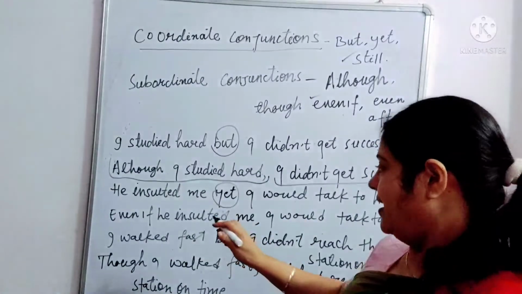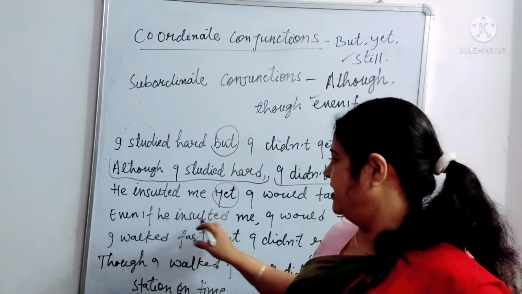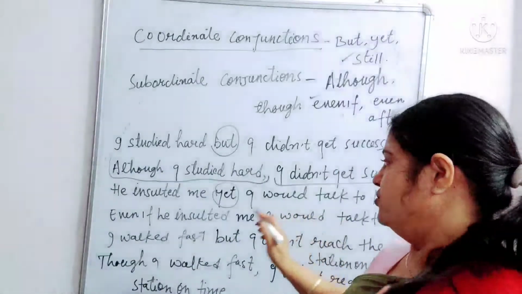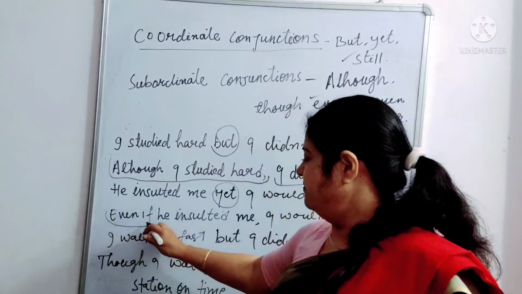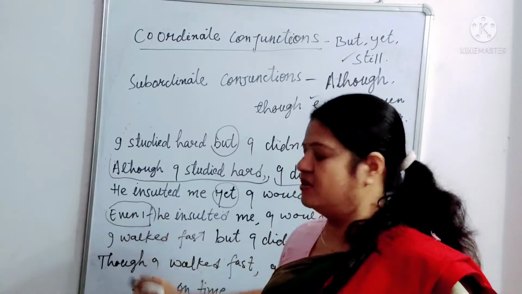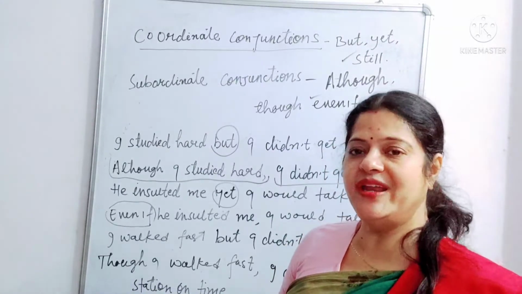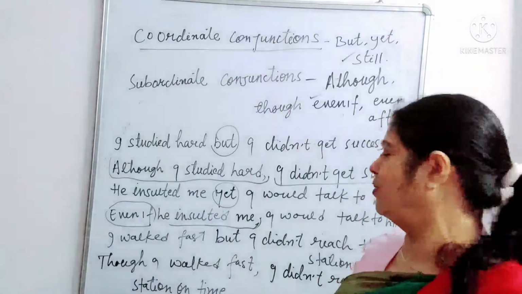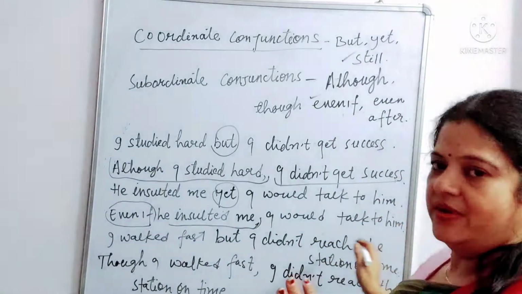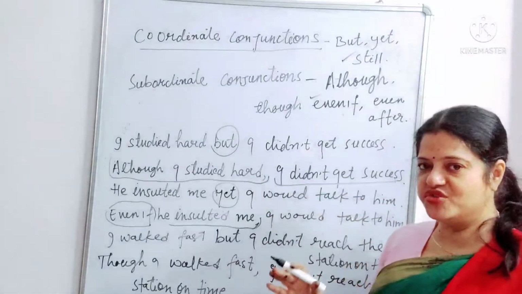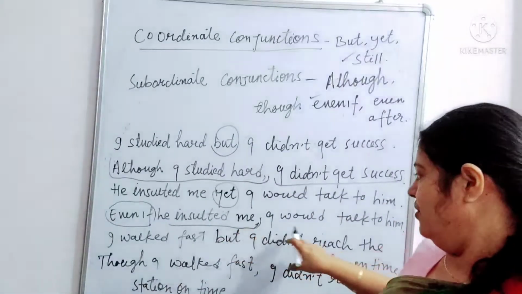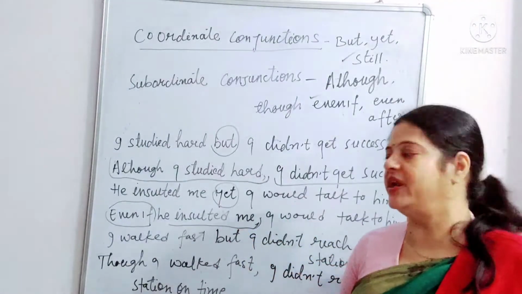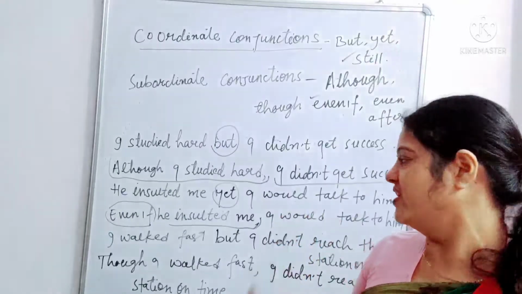And this sentence: even if he insulted me, I would talk to him. Here even if is the conjunction used to make a subordinate clause. Till here we have the subordinate clause, and then I would talk to him. So these two are showing contrast with the main idea. So this is a complex sentence. This is the principal clause and this is the subordinating adverb clause of concession or contrast.